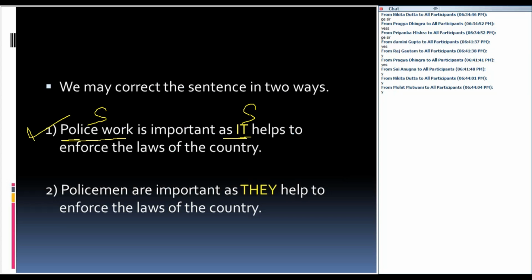Because police work is singular, it is correct. Or I can change it like this: "Policemen are important as they help to enforce the laws of the country." Policemen is plural, and they refers to policemen, also plural. So there has to be pronoun agreement. A pronoun has to agree in number with its antecedent or reference. Okay, this is very simple to understand.